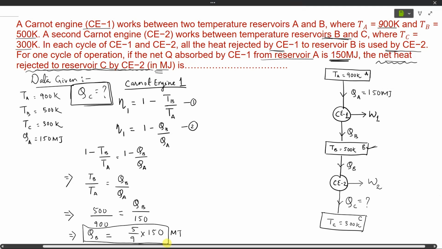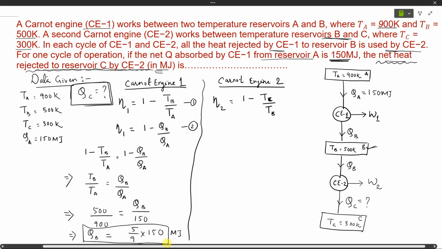Now let's consider the efficiency for Carnot engine 2. Let's say efficiency 2 equal to 1 minus TC by TB.